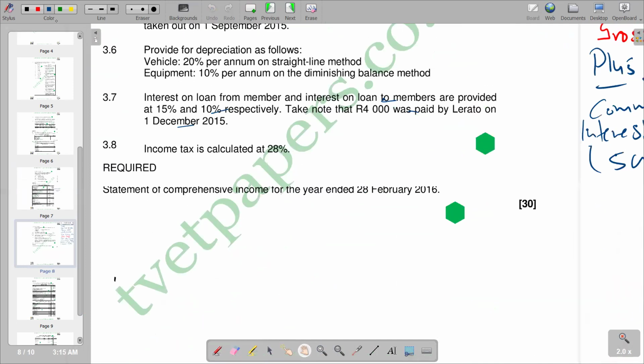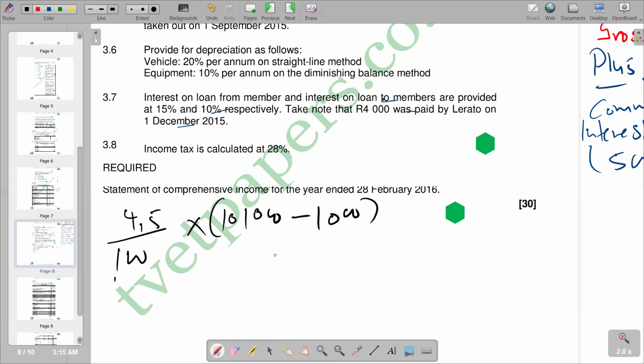So we're going to say 4.5 over 100, and then you multiply by, in brackets, 101,000 balance of debtors control minus the bad debts that are written off. We simplify it further, it becomes 0.045. Here on 101,000 minus 1,000, you get 100,000. So you calculate it there, you see that the figure that we are going to get becomes 4,500.